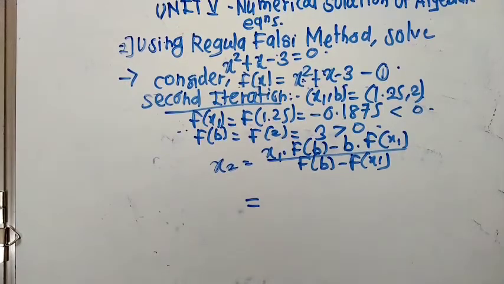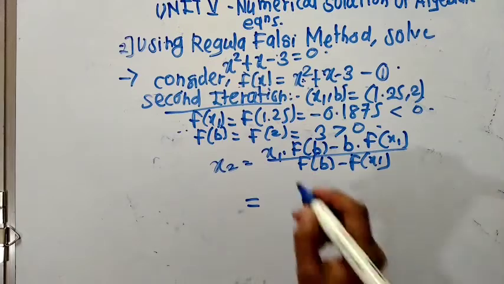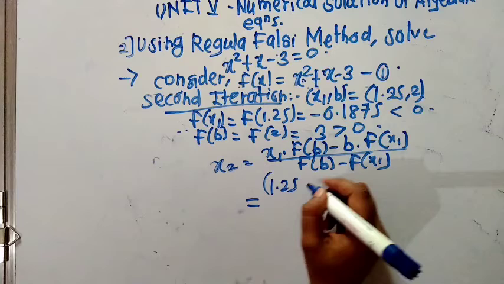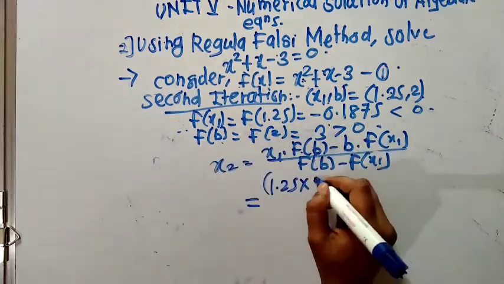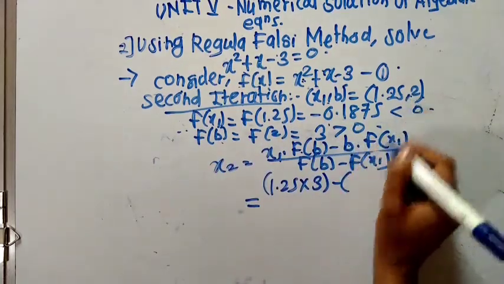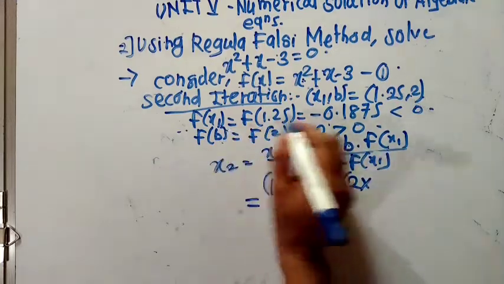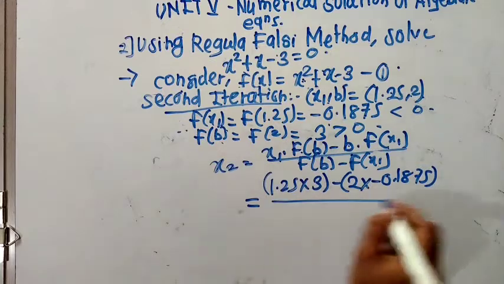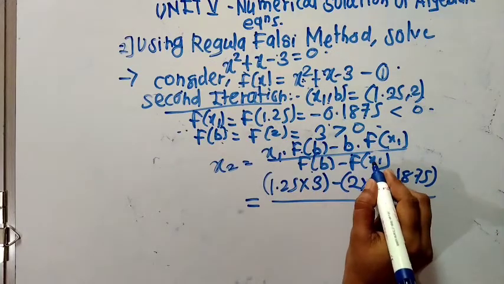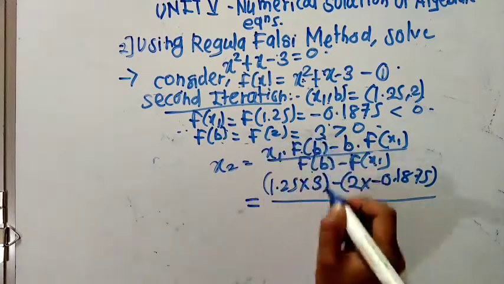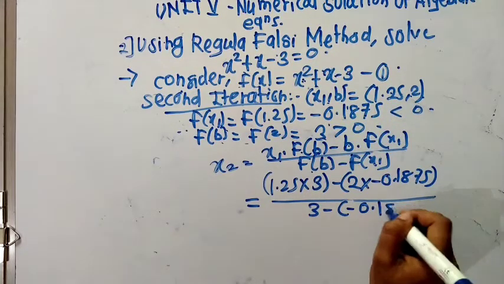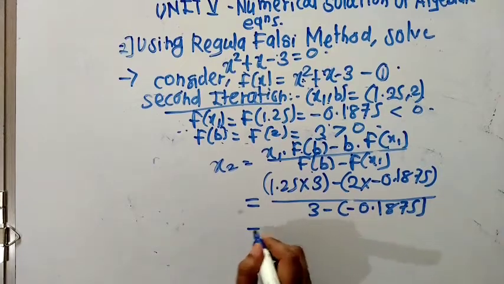So here x1 is 1.25 into f of b, which is 3, minus b, which is 2, into f of x1, which is minus 0.1875, divided by f of b minus f of x1, so 3 minus minus 0.1875.